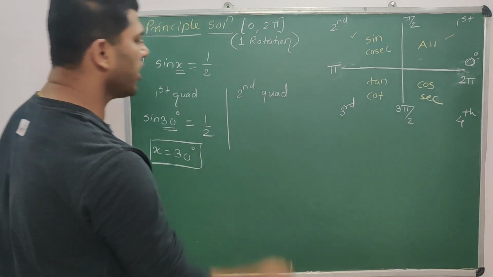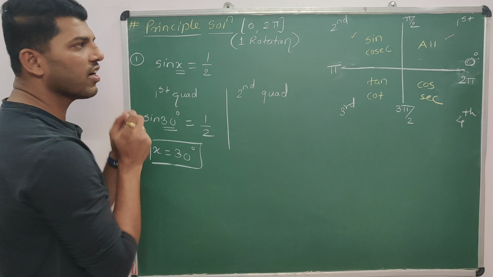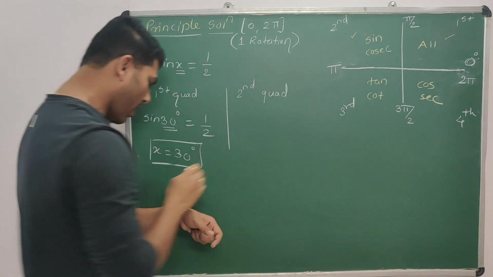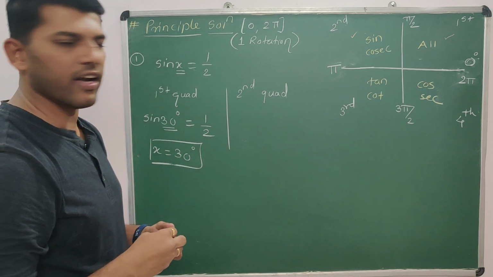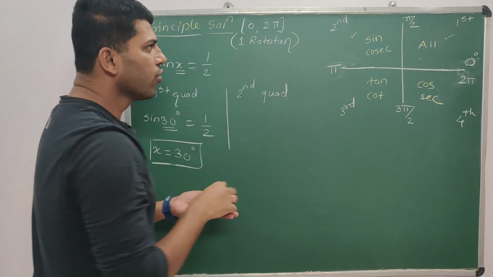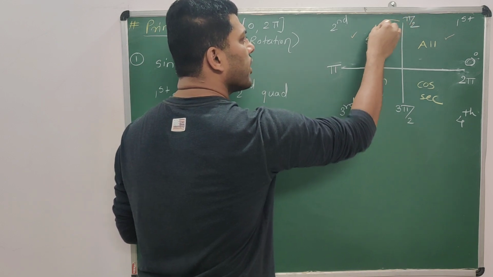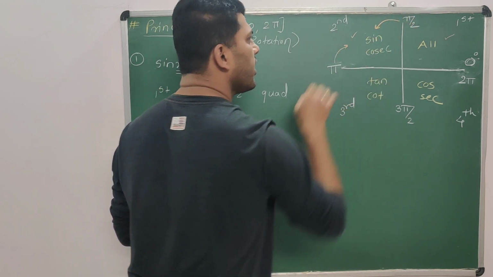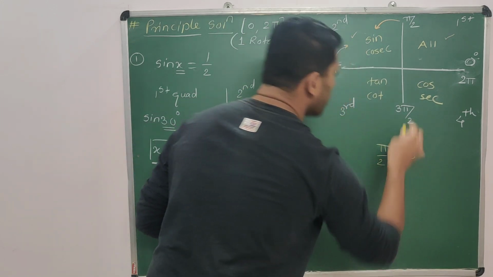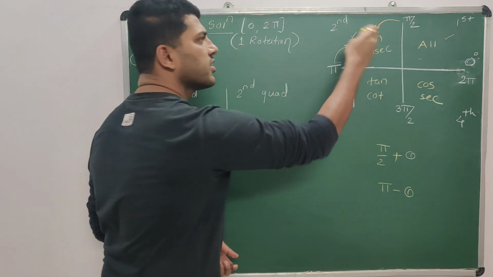Then let's find the second solution, which lies in the second quadrant. How to find that solution? Understand, the second quadrant means between pi by 2 to pi, and here comes the concept of allied angle. Now how to enter into the second quadrant? There are two ways you can enter into the second quadrant using the allied angle: 90 plus theta, or the second option, pi minus theta, which is 180 minus theta.